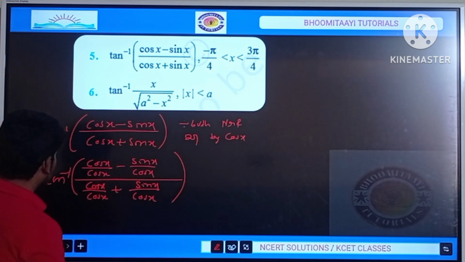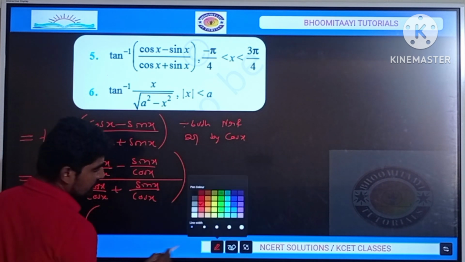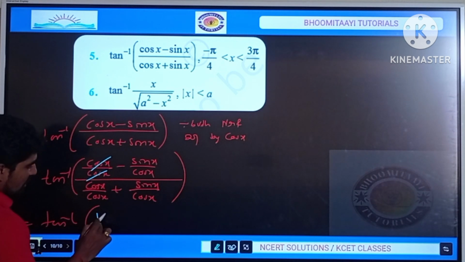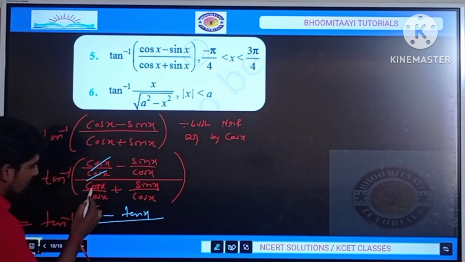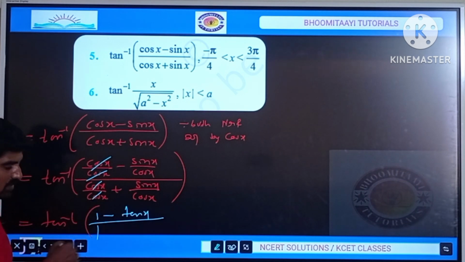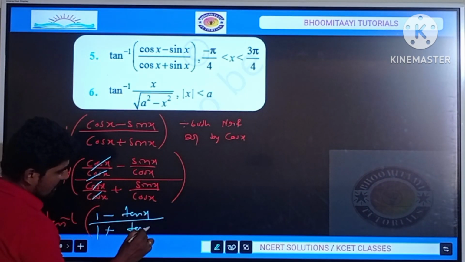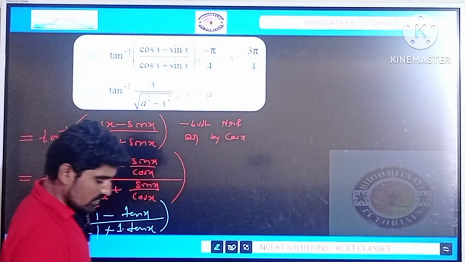Now this is equal to tan inverse of, cos x cancels, 1 minus sin x by cos x is tan x, whole divided by, cos x cancels, 1 plus sin x by cos x is tan x. Here this tan x can be written as 1 into tan x. So there is no change.